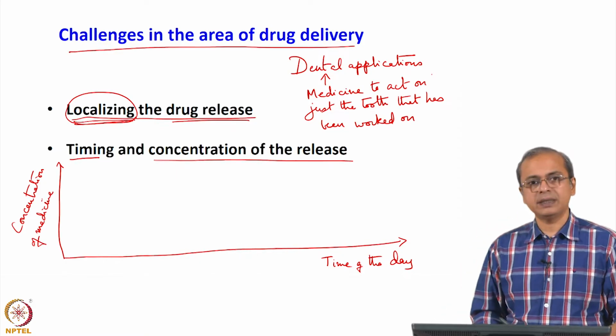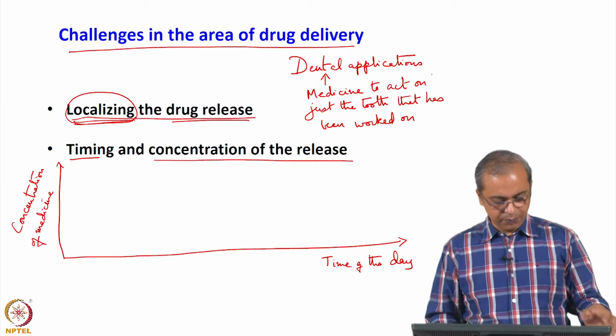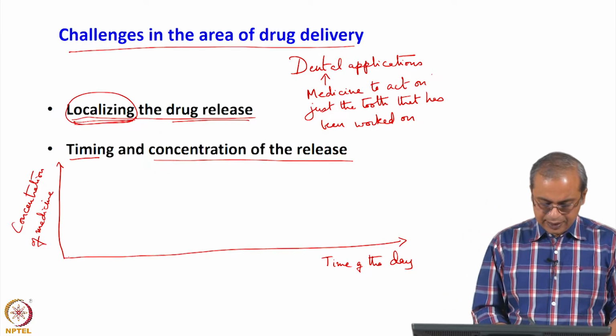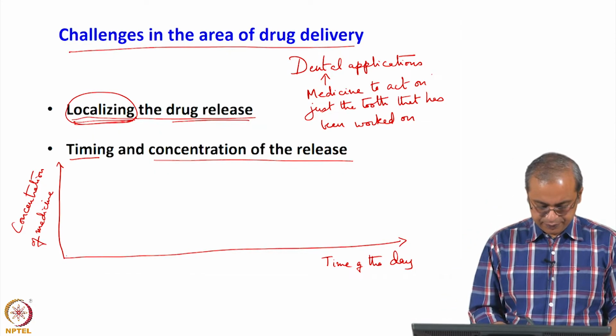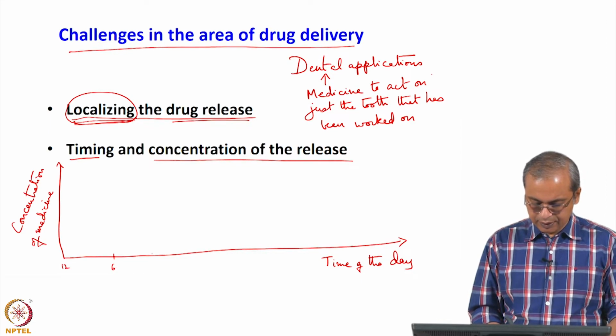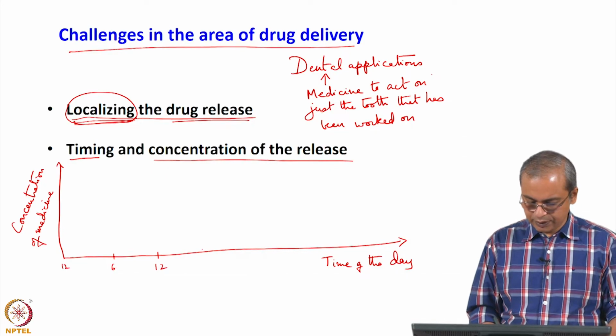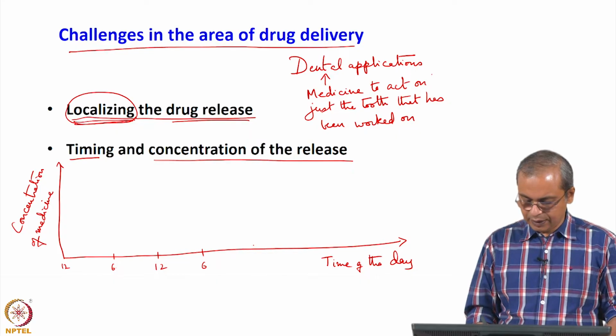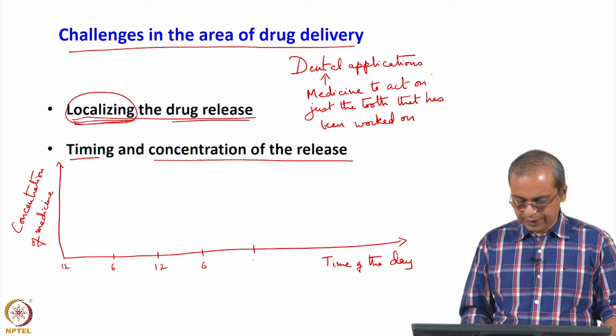So, concentration of medicine in the body. Okay. So, if you make a plot like that, let us say this is midnight 12, this is 6 a.m., this is 12 in the afternoon, this is 6 p.m. and let us say this is back to midnight.